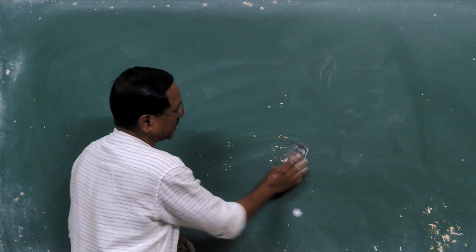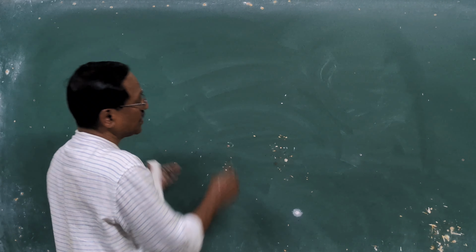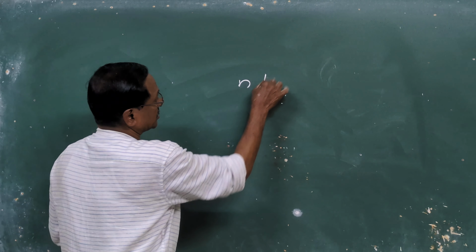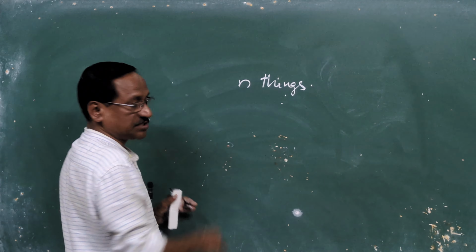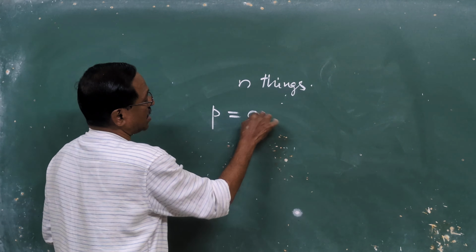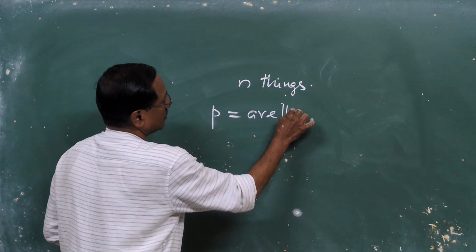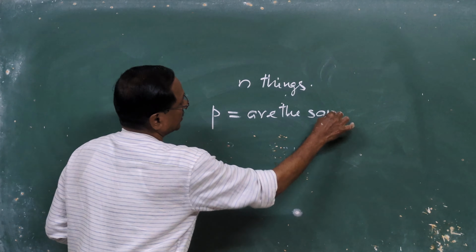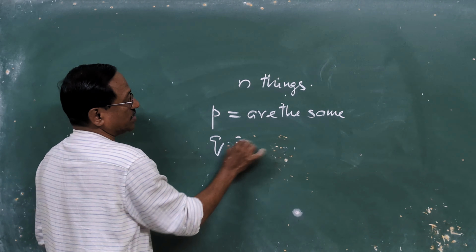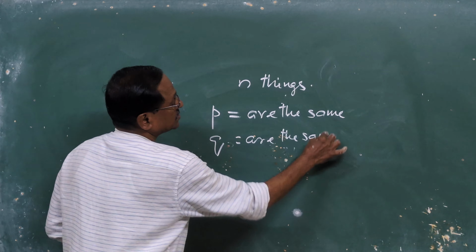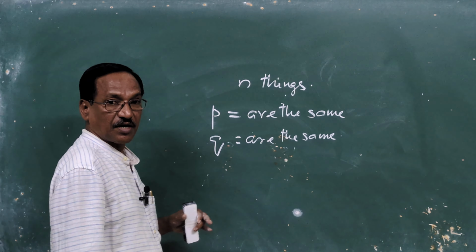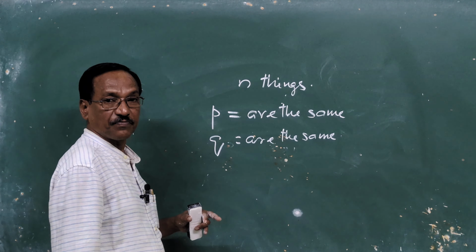Now, that also we can generalize by saying that the number of arrangements of n things, in which p things are the same, and q other things are the same. That means same thing is repeated, like in the word Coca-Cola.